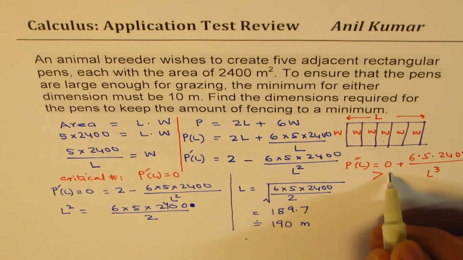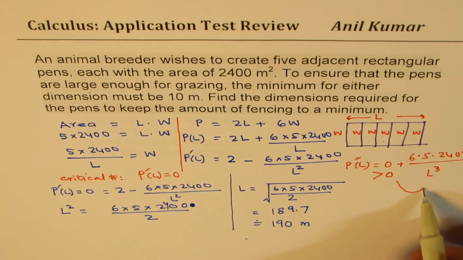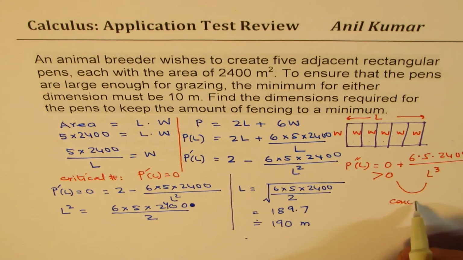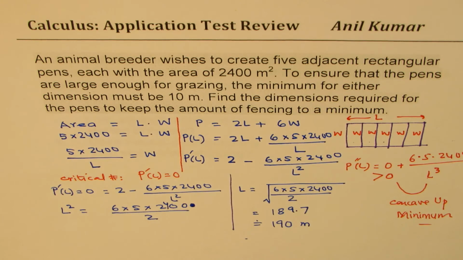So this number is greater than 0. Greater than 0 means it is concave up, and that means we are looking for minimum cost. Is that clear? You have to show that this dimension is going to give you minimum perimeter and therefore minimum cost. I hope that's clear, right?